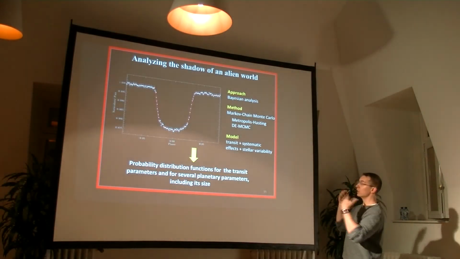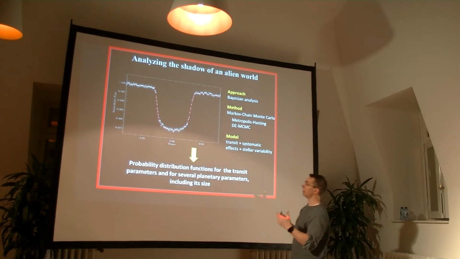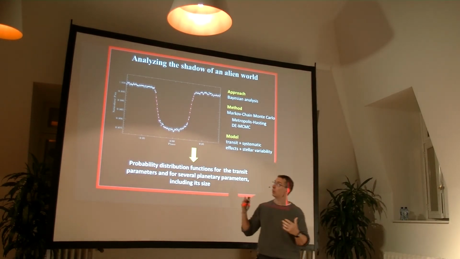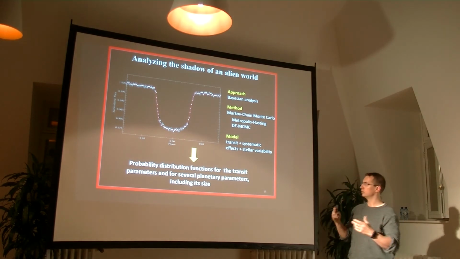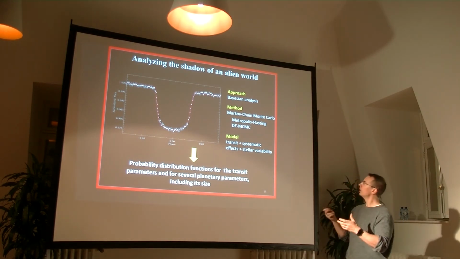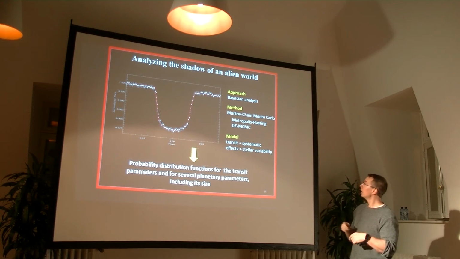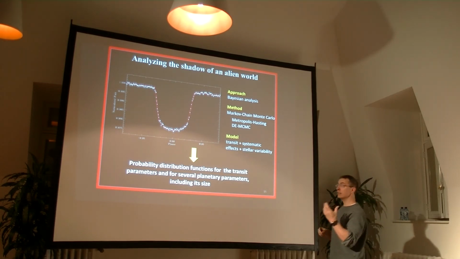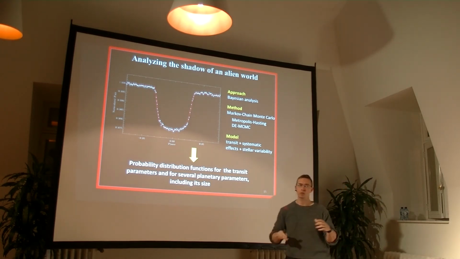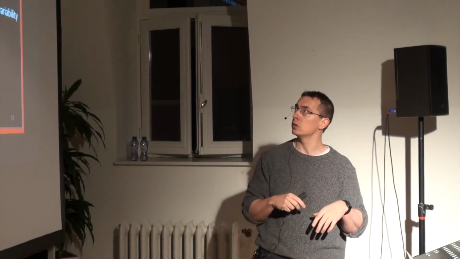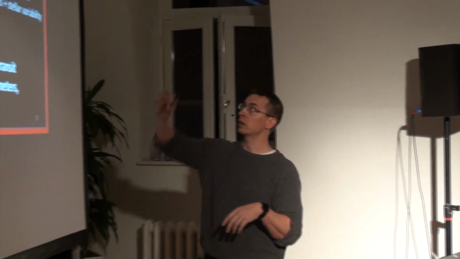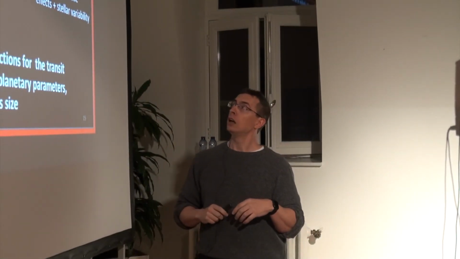And so at the end, we analyze this data by fitting models to it, so eclipse models, which are based on geometry and Kepler dynamics. The approach that we use is a Bayesian approach. So basically, we use prior knowledge on the star itself and on the system to constrain the parameters better. We use methods called Markov Chain Monte Carlo.